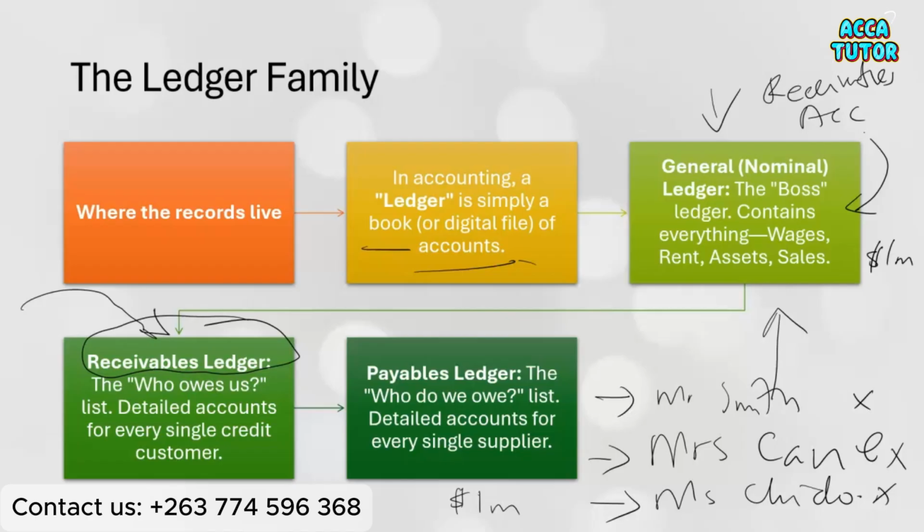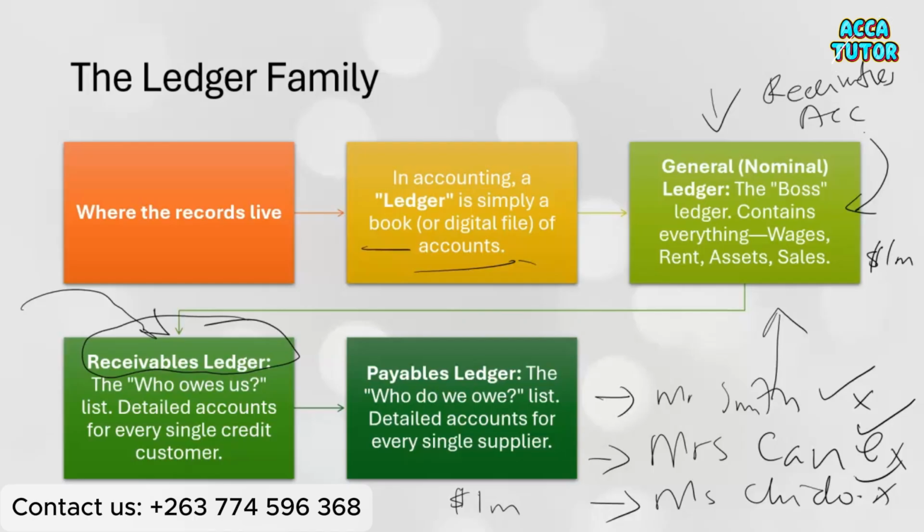But when we add up the accounts of Mr. Smith, Miss Kane, and Miss Chido, we should come to 1 million. That's the idea. So the receivables ledger records the who owes us list. That is detailed accounts for every single credit customer.